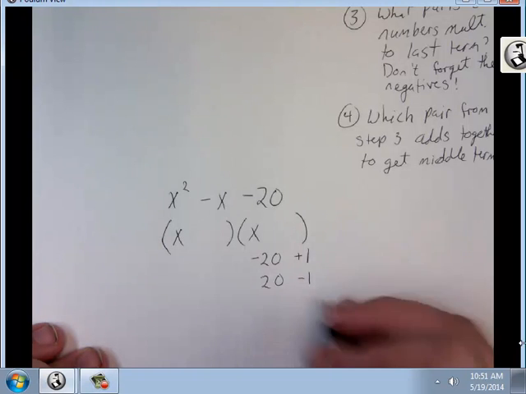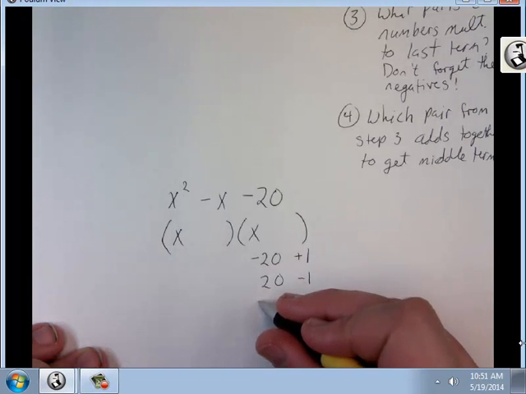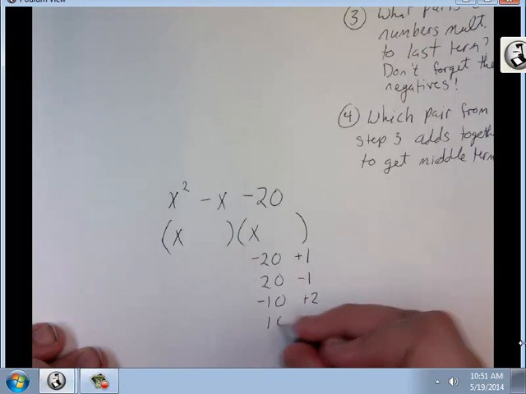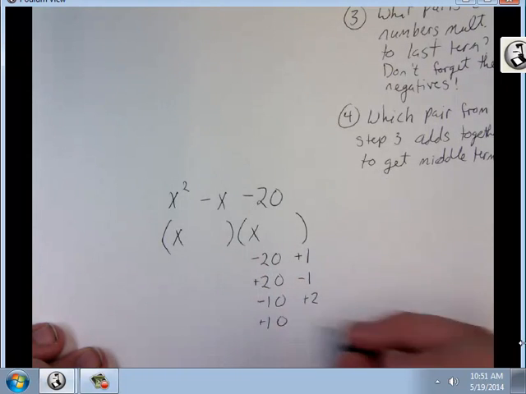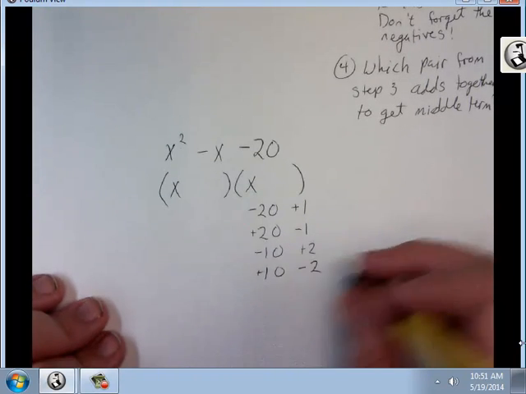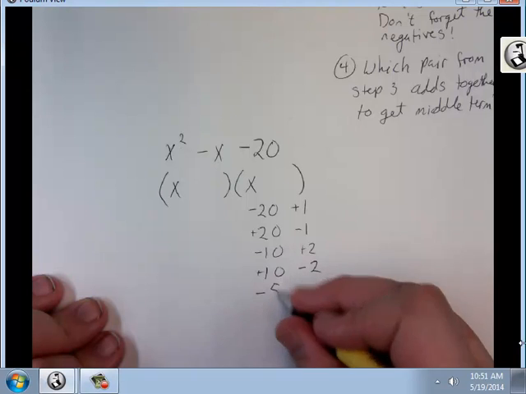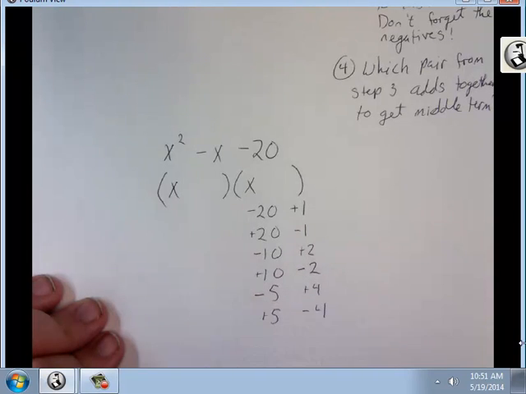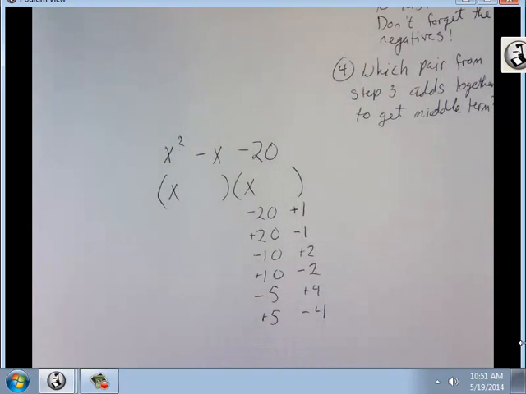I've got negative 10 and positive 2. I've got positive 10 and negative 2. And I've got negative 5 and positive 4, or positive 5, negative 4. So there are my pairs that multiply to negative 20.